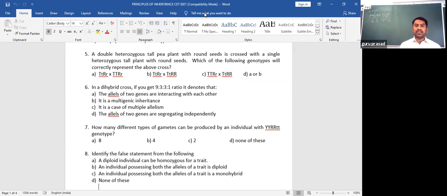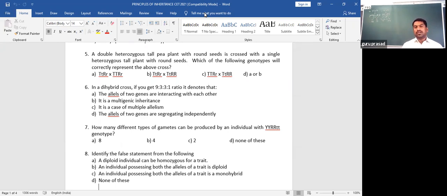Cross with a single heterozygous tall pea plant, another parent. Opposite to that is a single heterozygous. So in one parent there must be two heterozygous conditions, and in the other parent one heterozygous condition, again with a tall and round seed plant. Which of the following phenotypes will correctly represent the above cross? Now you have to find the exact genotype of the parent here.